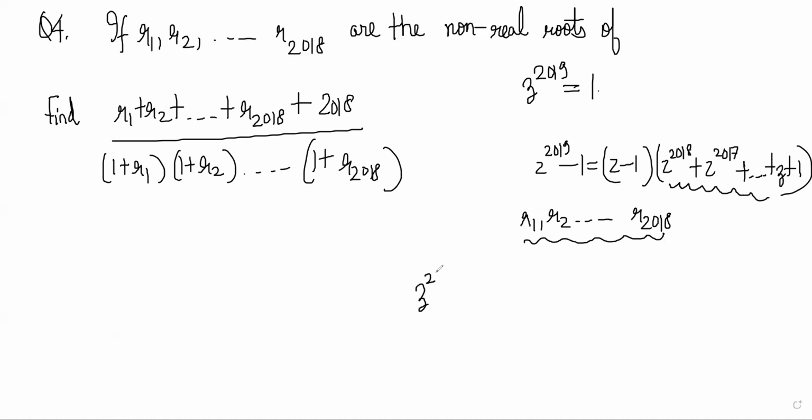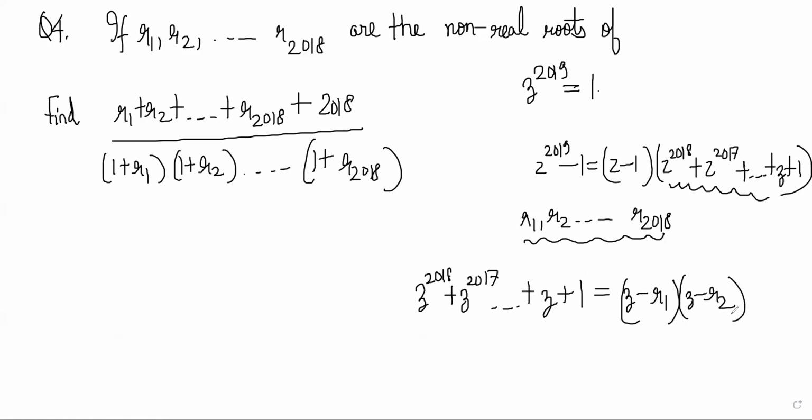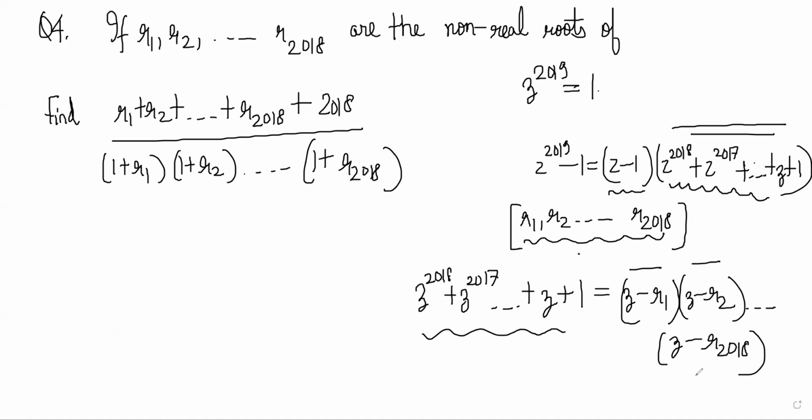So z power 2018 plus z power 2017 till z plus 1 can be written as z minus R1, z minus R2, till z minus R2018. This is a 2018 degree polynomial and we have 2018 roots. The other root is simply 1, so we can definitely write it as a product of factors like this.